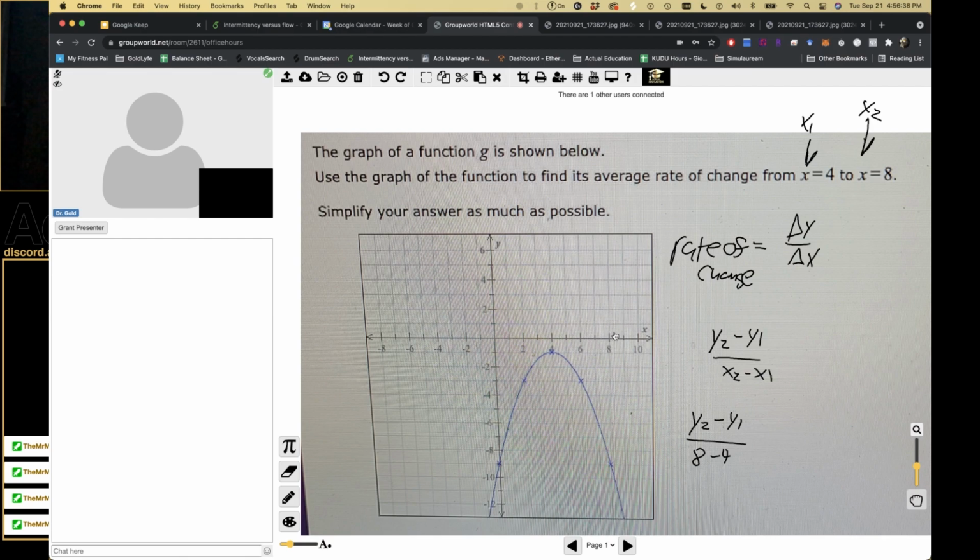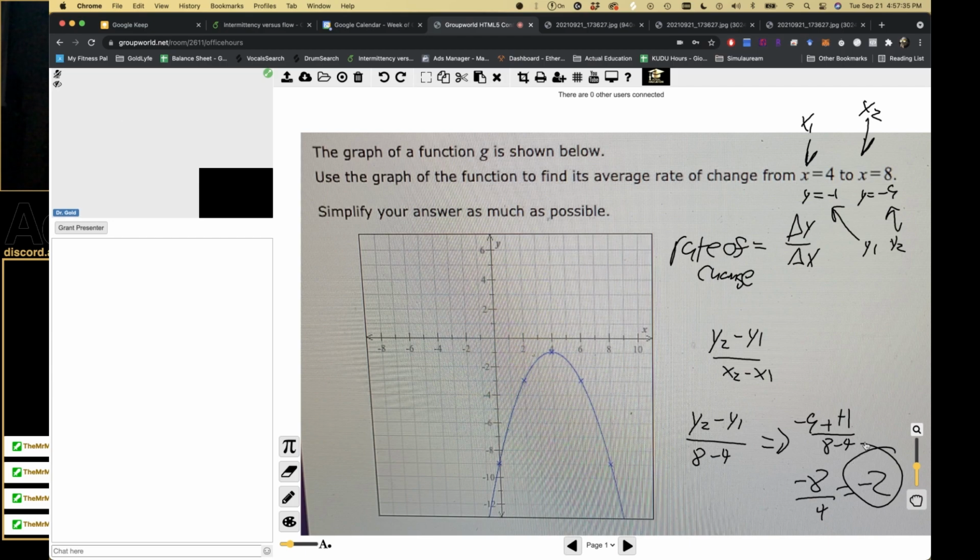You look on the graph of where it says y equals -1. Plug it in. All right. That'll be +1, if I'm correct on that. That's your rate of change.